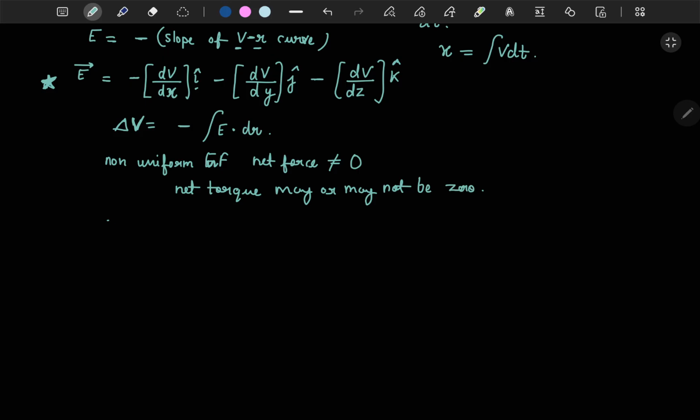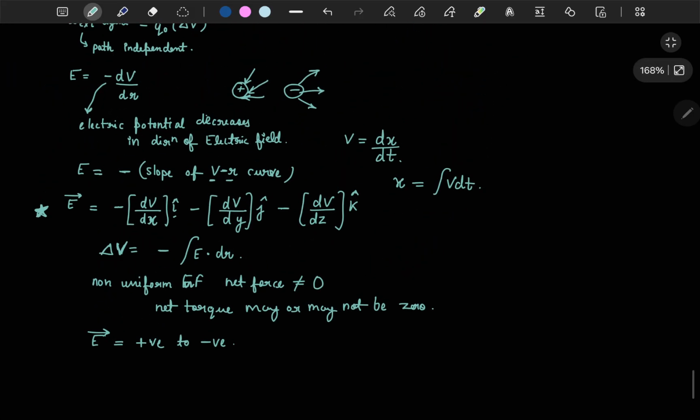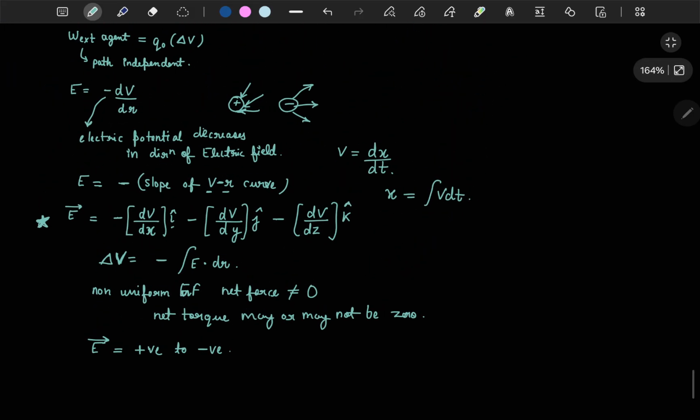So electric field direction was from positive to negative, not from negative to positive. You have to remember this. I have mistakenly told the opposite thing here.